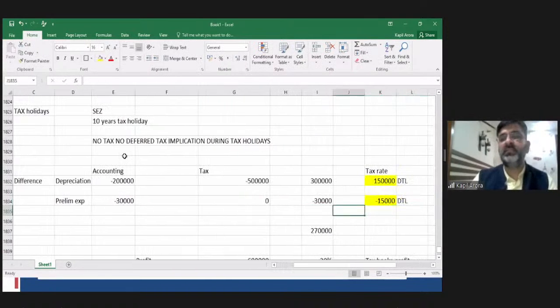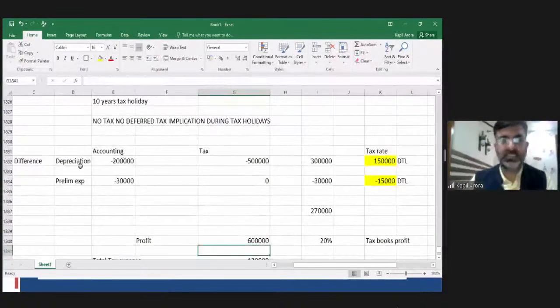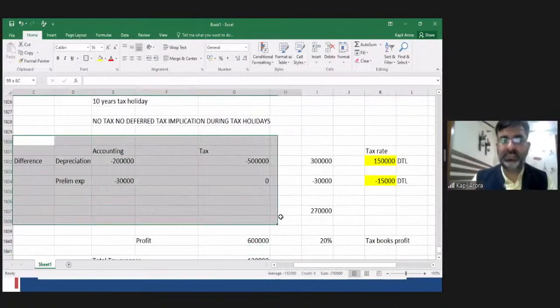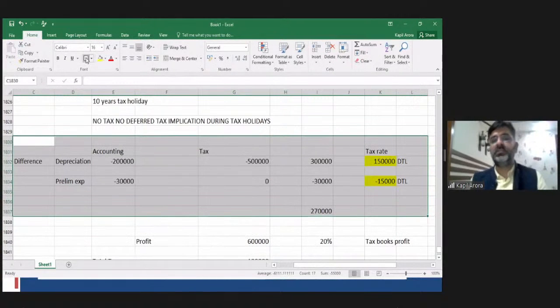The reason why tax books have not allowed is that it has not been amortized right now. So sorry, you have to change this answer. So please change this here. This is illustration number 1.